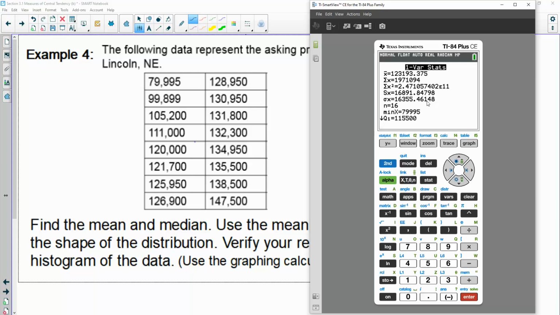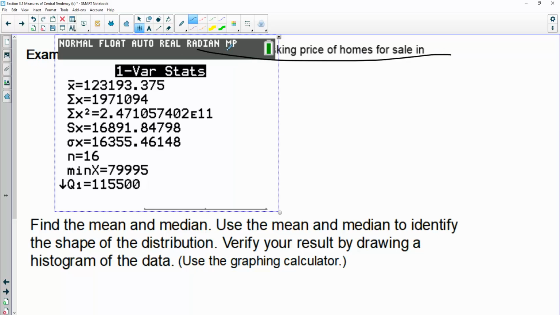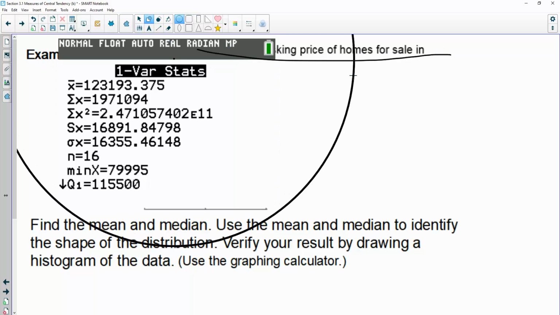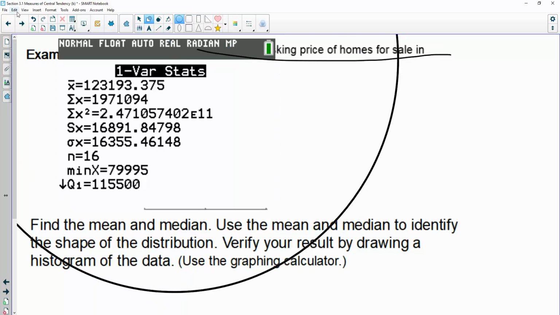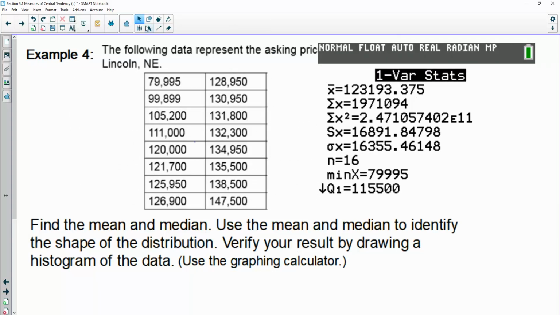So the mean is which number? Yep, so our mean is the x bar. So the average here is $123,193 and about 38 cents.